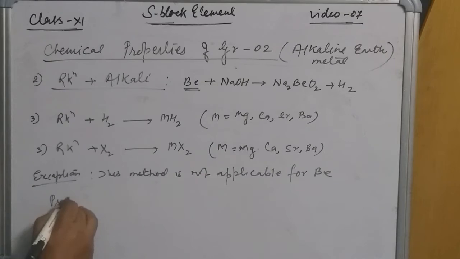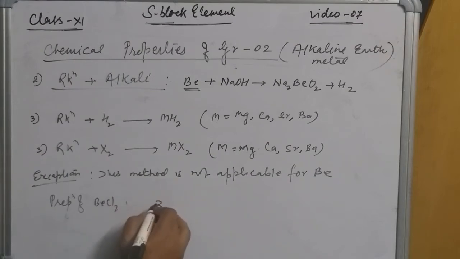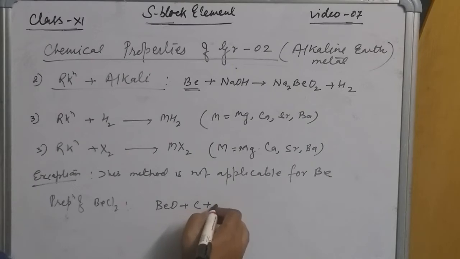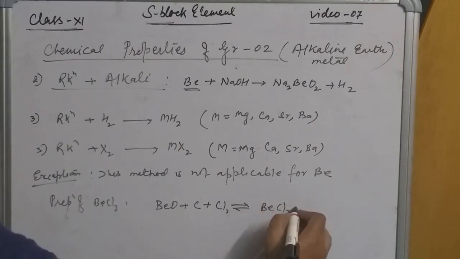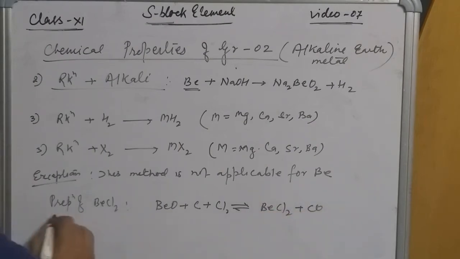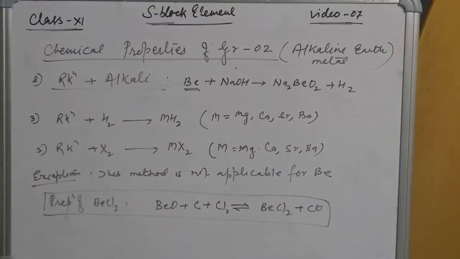Preparation of beryllium chloride takes place when beryllium oxide is treated with carbon or coke and chlorine. This is a reversible reaction. Then the formation of beryllium chloride takes place along with carbon monoxide. So the first member of this group also shows a different, anomalous behavior.